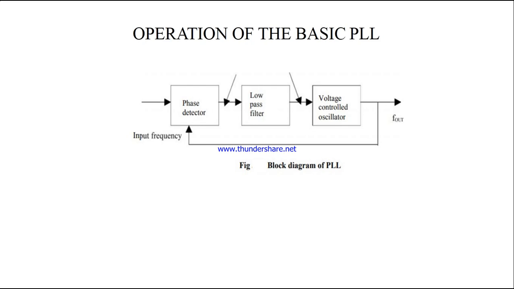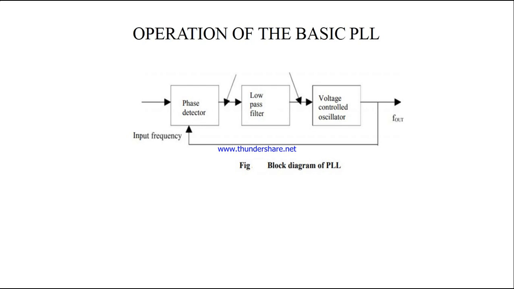The phase detector is a multiplier and produces the sum Fs plus F0 and the difference Fs minus F0 components in the output. The high frequency component Fs plus F0 is removed by the low pass filter, and the difference frequency component is amplified and then applied as control voltage Vc to the VCO. The signal Vc shifts the VCO frequency in a direction to reduce the frequency difference between Fs and F0.